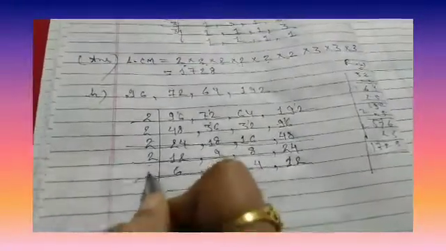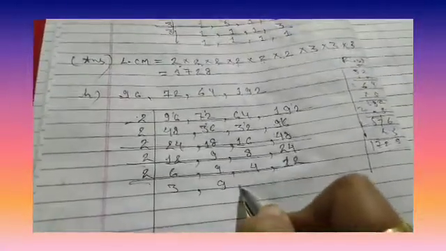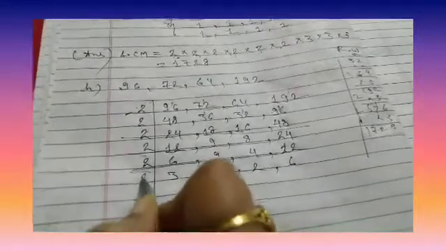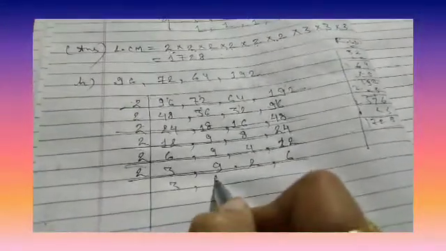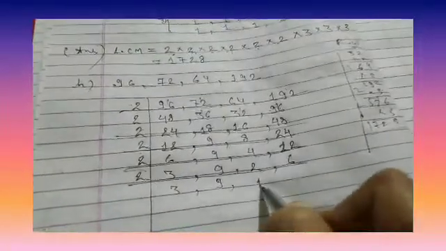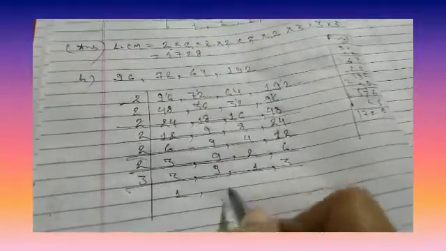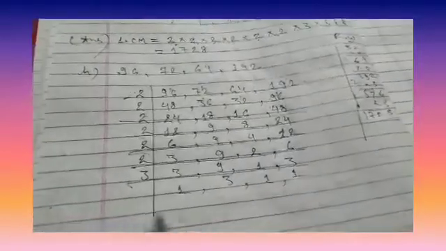Okay. Now again with 2, 2 3s are 6, 9 as it is, 2 2s are 4, 2 6s are 12. Again with 2, 3 as it is, 9 as it is, 2 1s are 2, 2 3s are 6. Now again with 3, 3 1s are 3, 3 3s are 9, 1, 3 1s are 3.